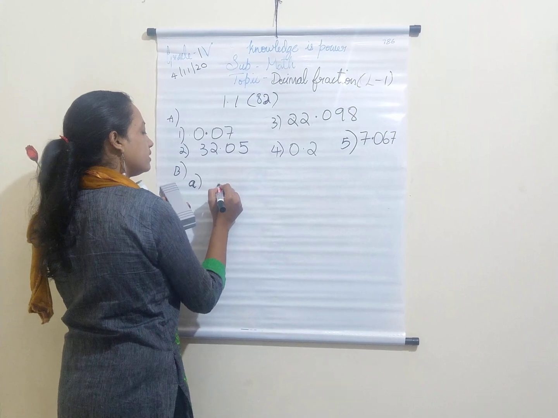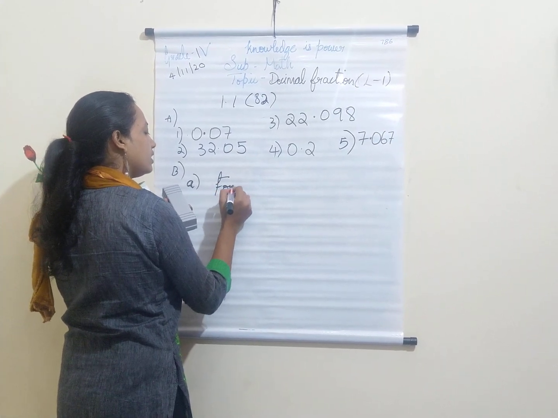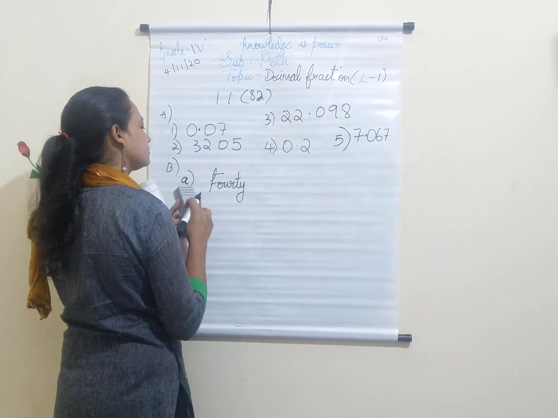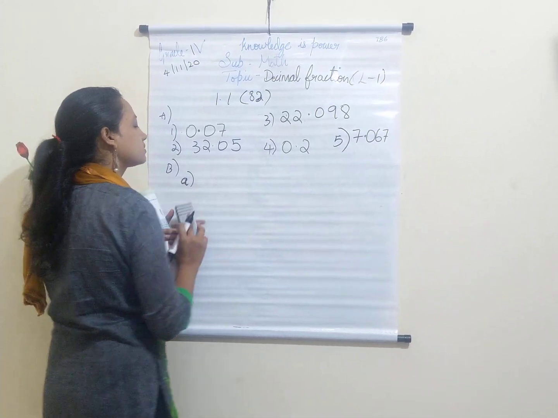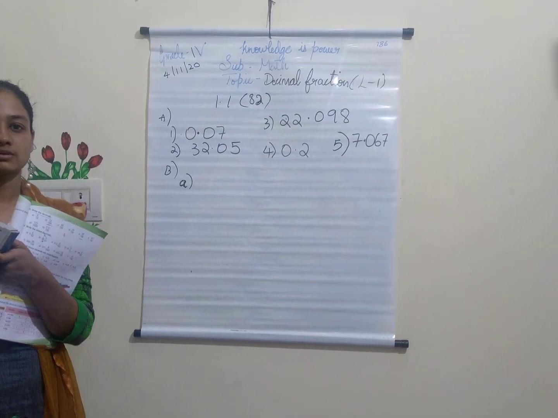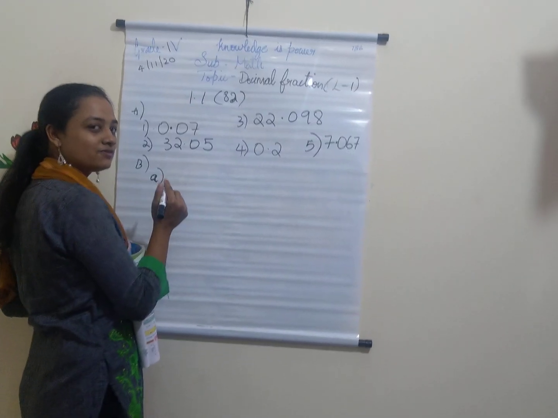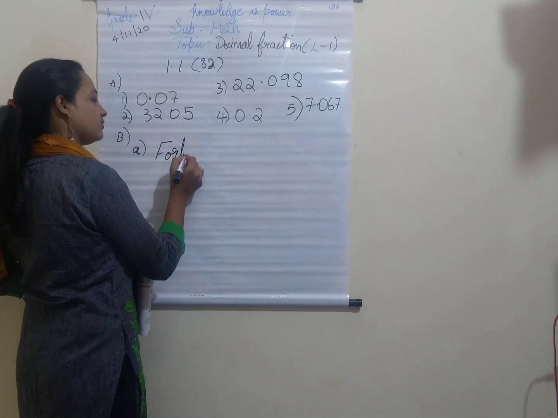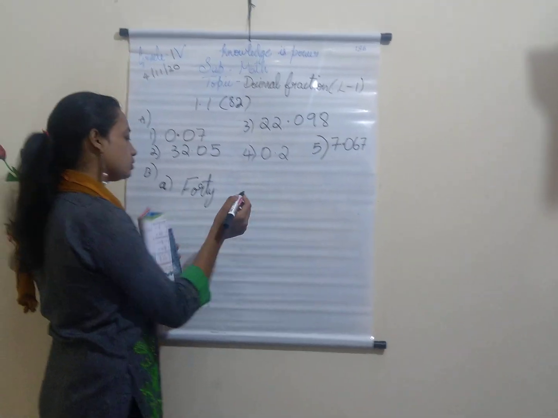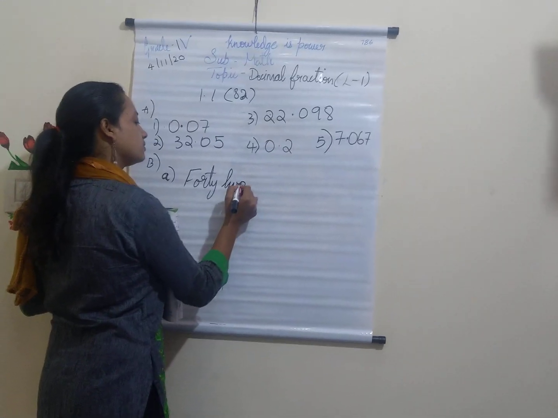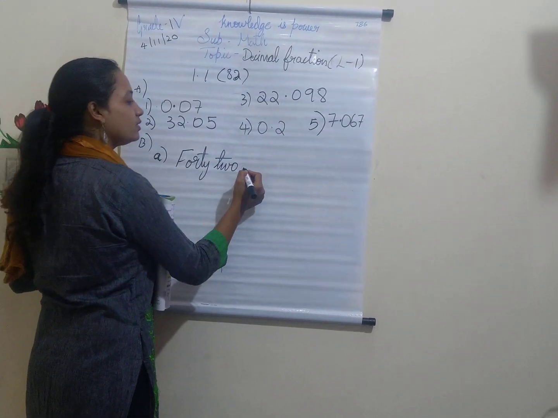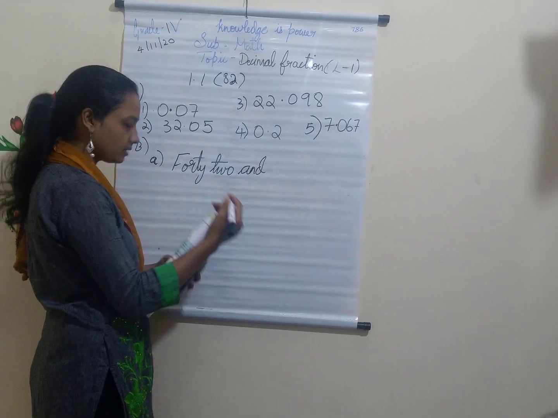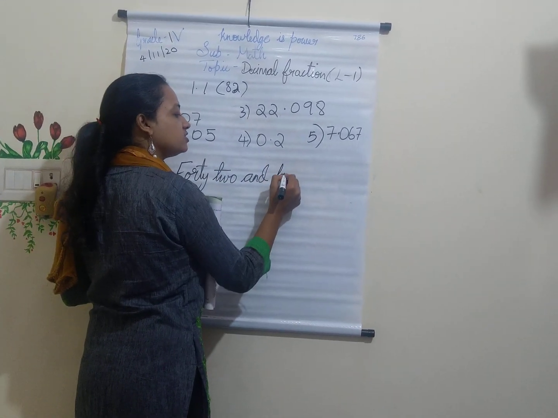42. So write forty. 40. Excuse me. So the first answer is forty, 40, 2. When you have a decimal point, you write AND. 42 and 5. In which place is it?